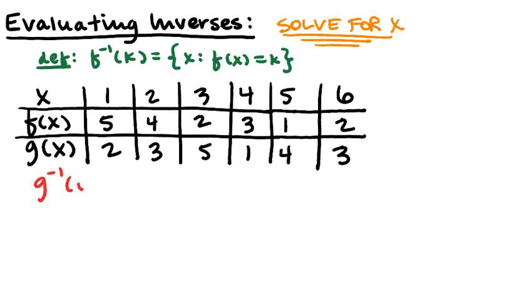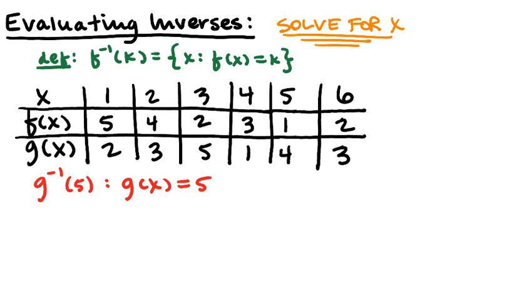Remember, my advice is to solve for x. You say g of x equals 0, and then you solve for x. Well, I am looking at the wrong example. I want g inverse of 5. Okay, that's embarrassing. All right, g of x is equal to 5.